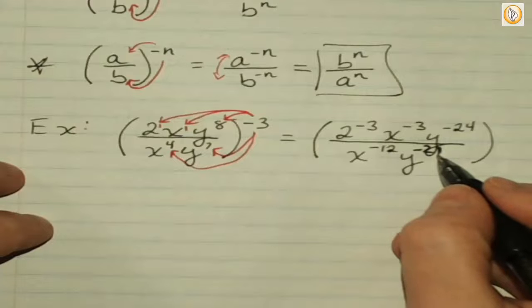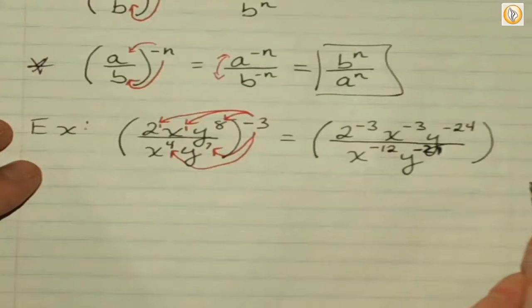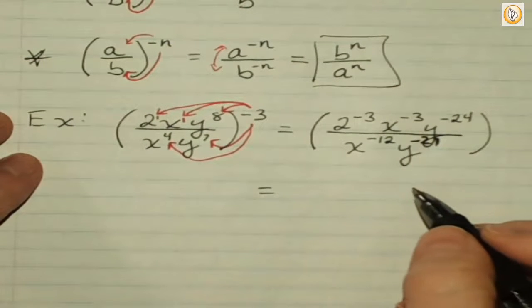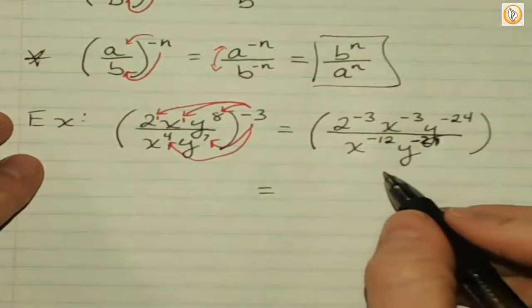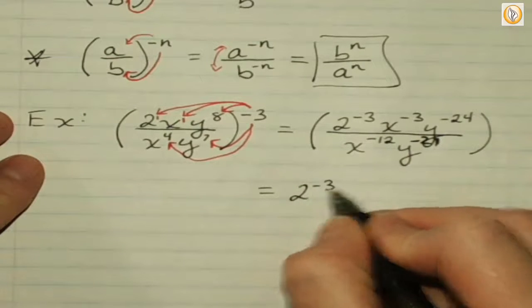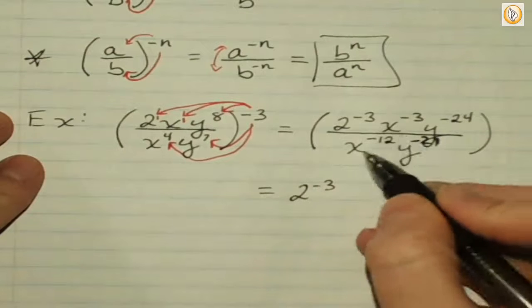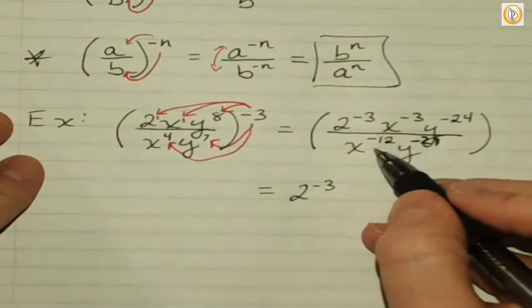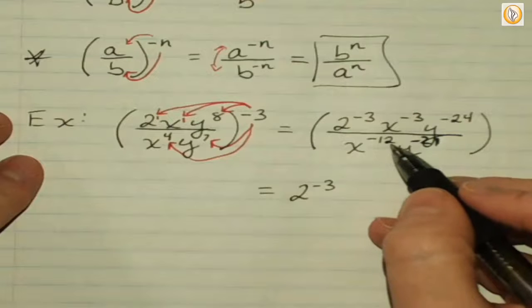Now we can start doing some work here. Now remember what I said, don't start moving stuff until you are done. So we have 2 to the negative 3, but we're dividing. So what do we do when we divide and the bases are the same? What do we do to the exponents?